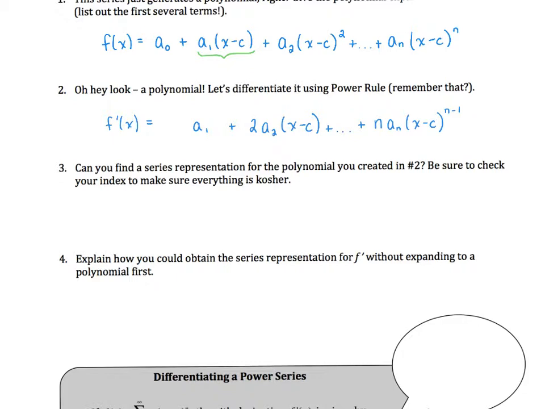So, for example, if we have the derivative with respect to x of some power series, so, some coefficient a_n times (x minus c) to the n, that's our power series, right? You just apply power rule to the stuff inside and you check your index.